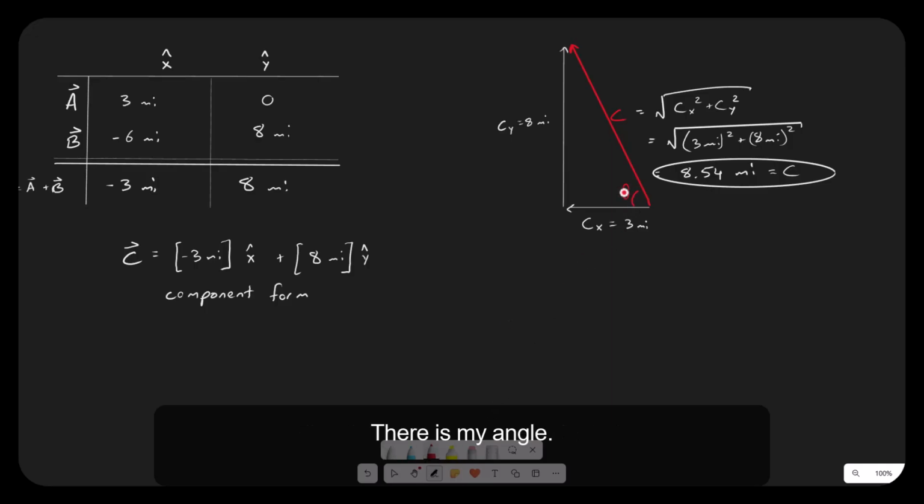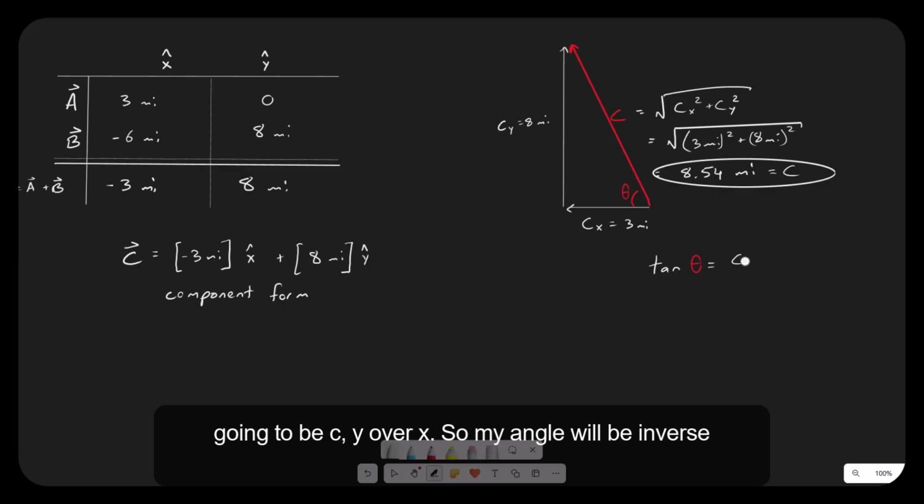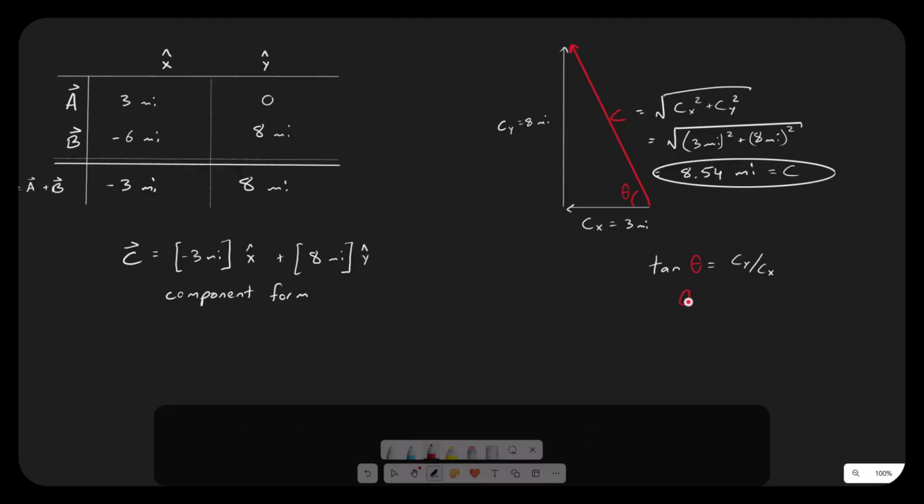There is my angle, and I know that the tangent of my angle is going to be Cy over Cx. So my angle will be the inverse tangent of 8 miles over 3 miles, which works out to be something like 69.4 degrees.